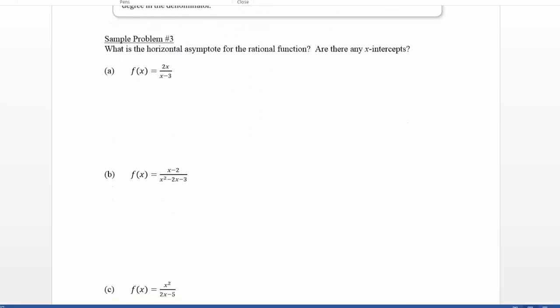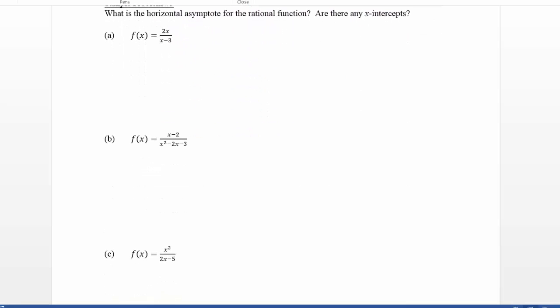So let's take a look at sample problem number 3. Okay, so the first thing we need to look at if we want to determine the horizontal asymptotes are the degree of the function in the denominator and the numerator. So we can see we have 2x and x minus 3. Both of these are linear first degree polynomials. So we can simply say that the m degree is equal to the n degree, which means that we're looking for the ratio of a over b.